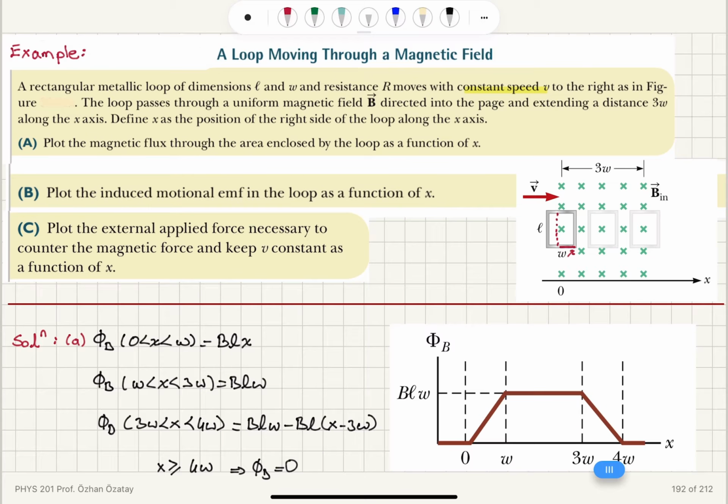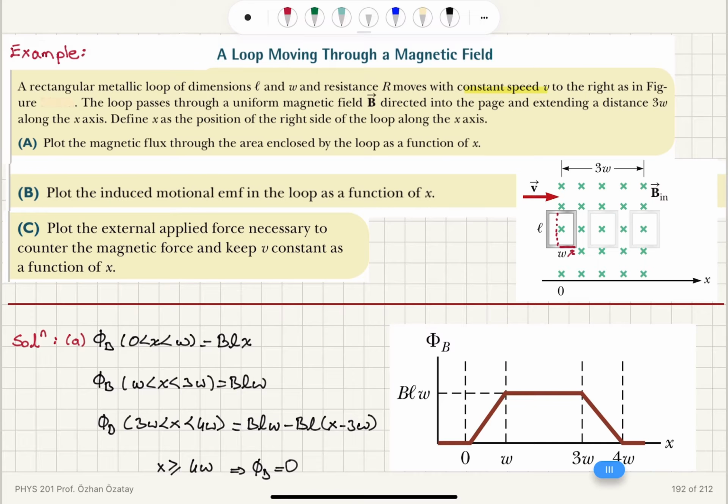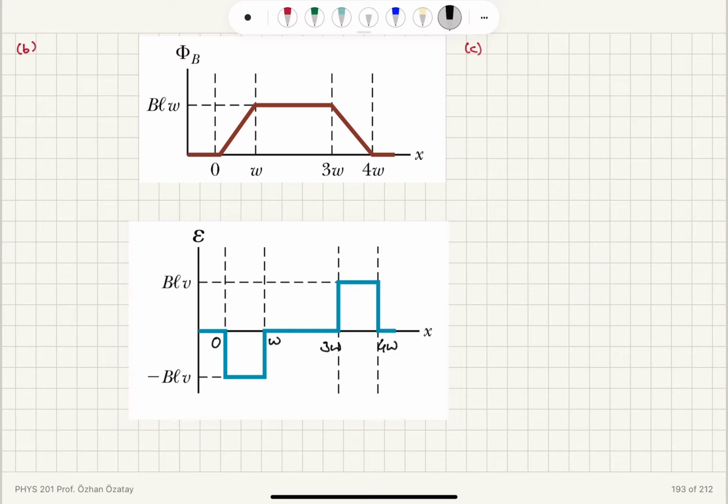Okay, now if we look at the induced motional EMF in the loop as a function of x, the induced EMF is epsilon equals minus d phi B dt. It's the rate of change of magnetic flux. So here's our magnetic flux again.